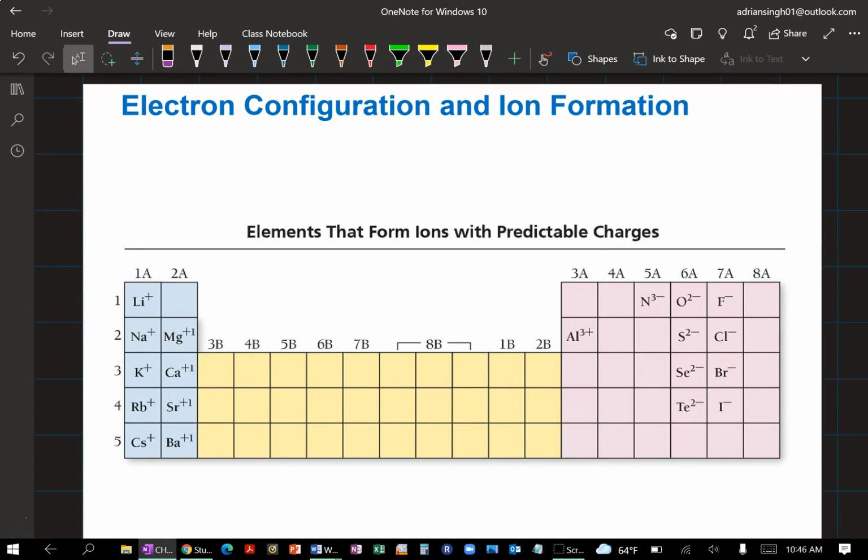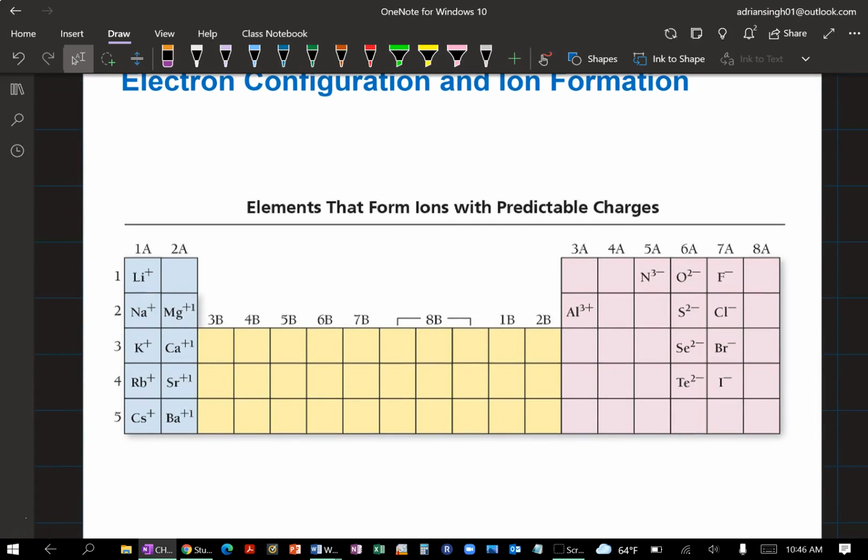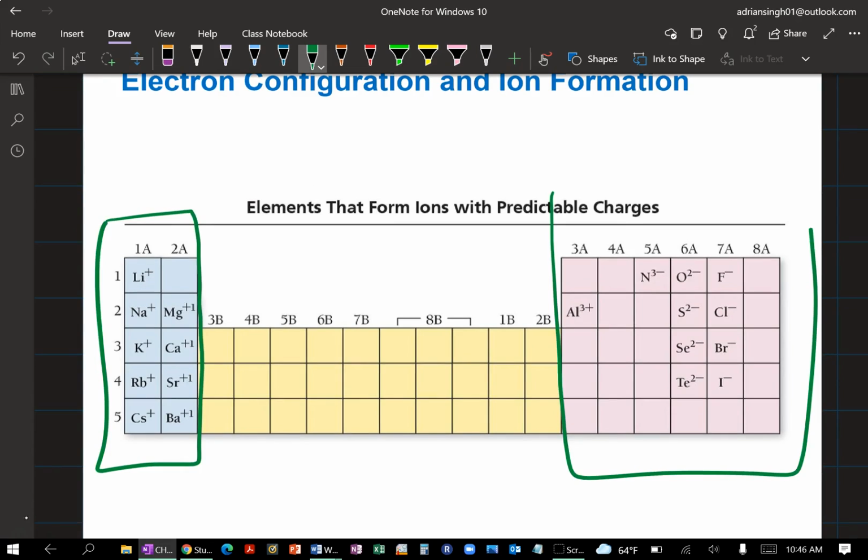So the periodic table is helpful to us in determining the charges on these ions, because the group numbers actually are going to be helpful. So for example, and again here we're looking just at the left 2 columns and the right 6 columns. Those are our representative elements, or the main group elements.